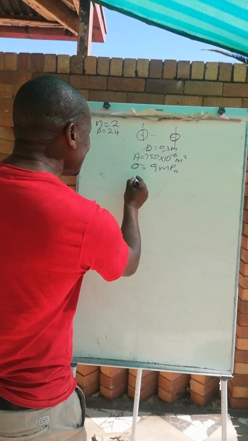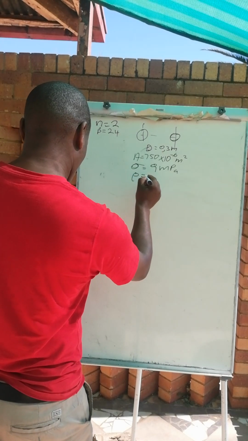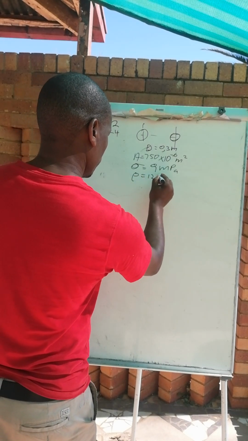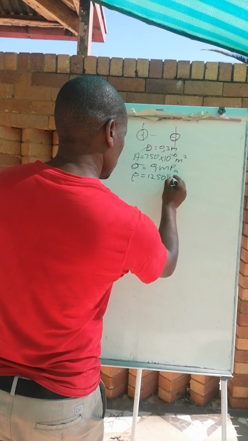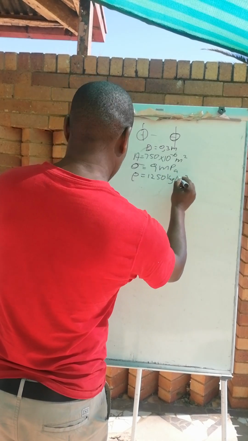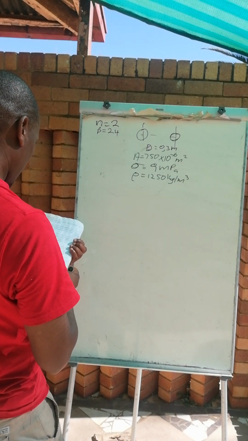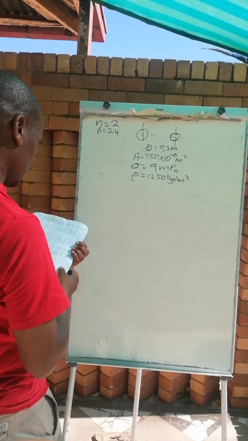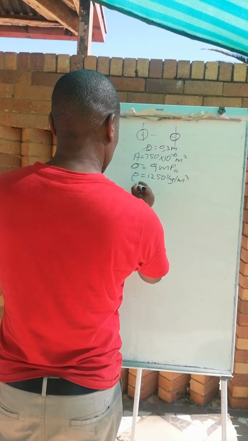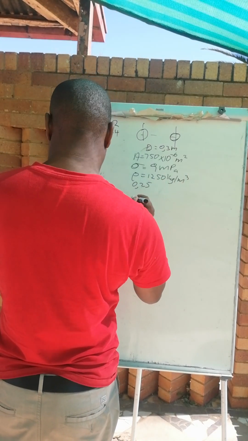The belt density is 1250 kilogram per meter cube, and the coefficient of friction between the belt and the pulley is 0.25.